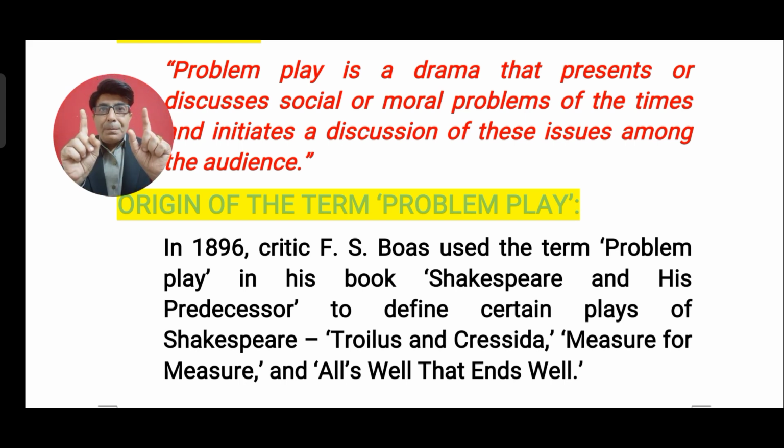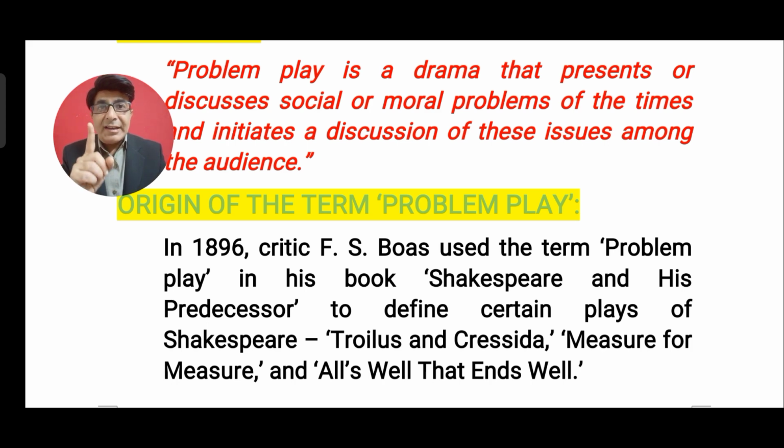Regarding the term problem play, you should remember the name of this critic, F.S. Boas. In 1896, he gave this term problem play when he published his book Shakespeare and His Predecessors. This is the title of the book where we come across this term problem play for the first time.